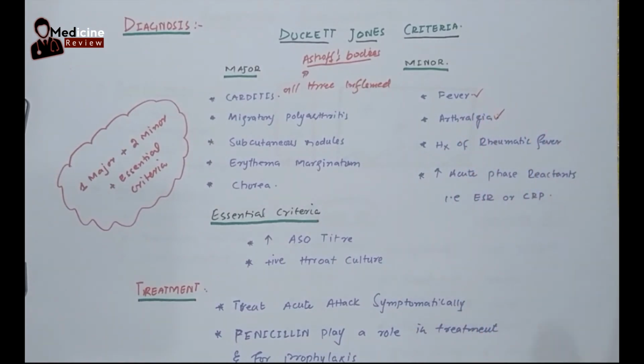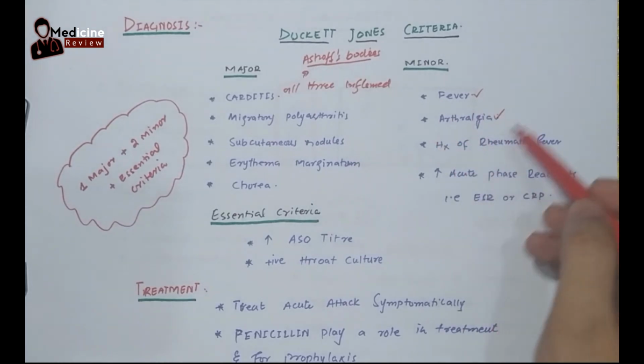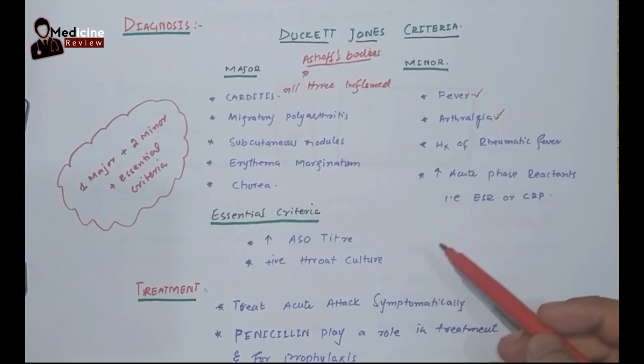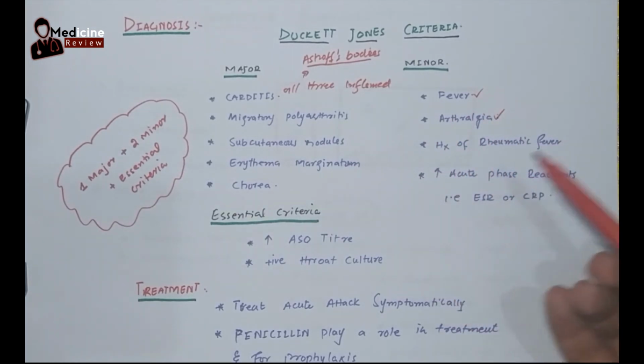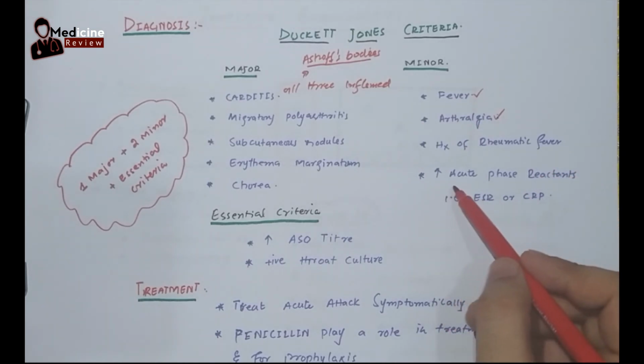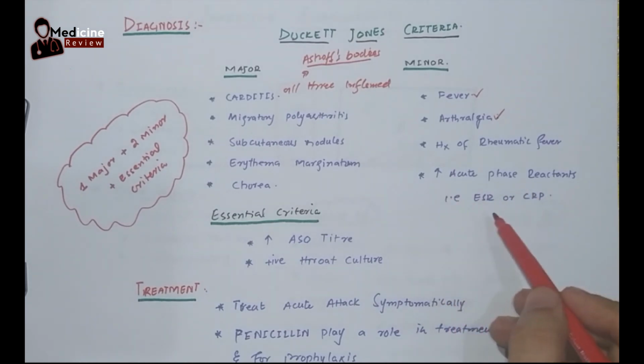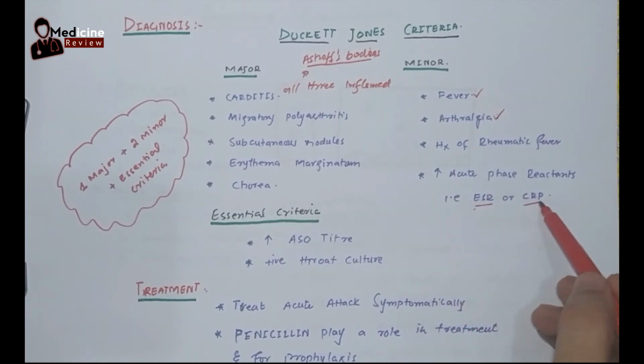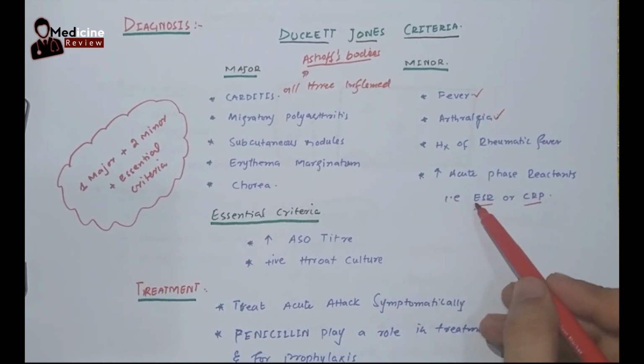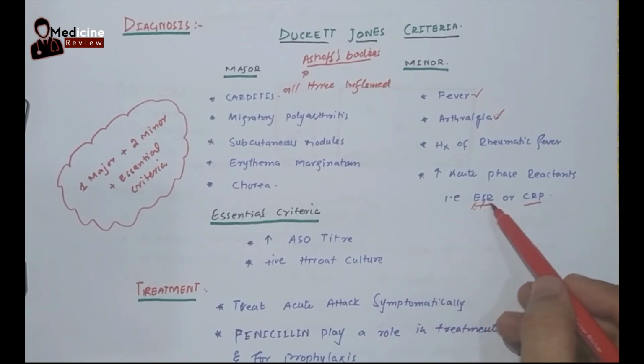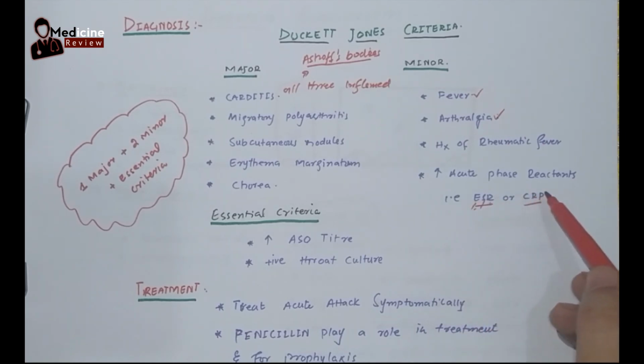So if only pain is present as arthralgia, then we add it as a minor criterion. Another is a history of rheumatic fever, or we can say a history of sore throat. Another is if the acute phase reactants are raised, like ESR is raised or CRP is raised. ESR is erythrocyte sedimentation rate and CRP is C-reactive protein.